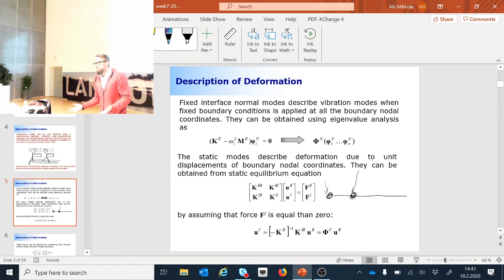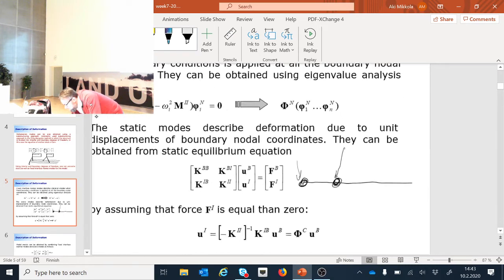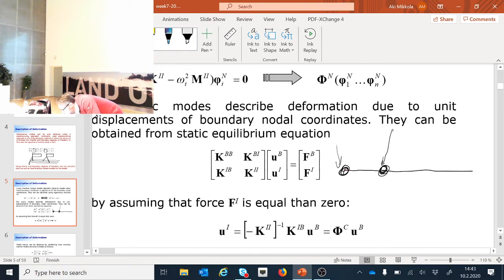How will they look? Well, they will look like this. Here there is no translation, no rotation, and then there is a deformation like that. Of course, a better drawing is needed, but you get the idea. And then here, no translation, no rotation, and like this.